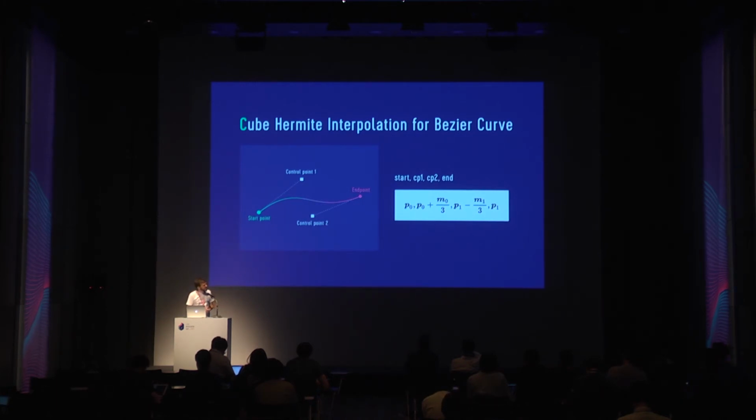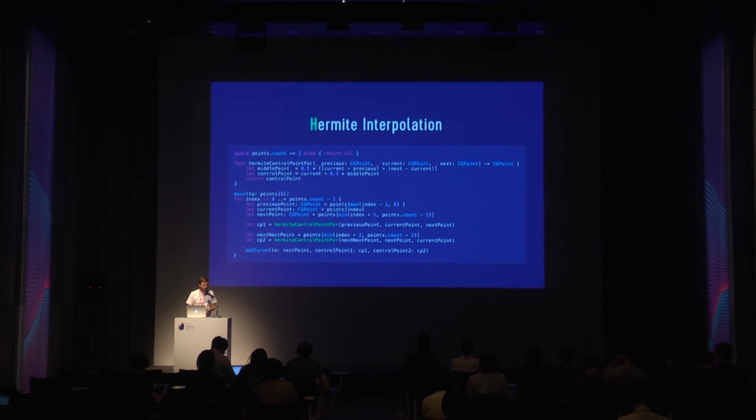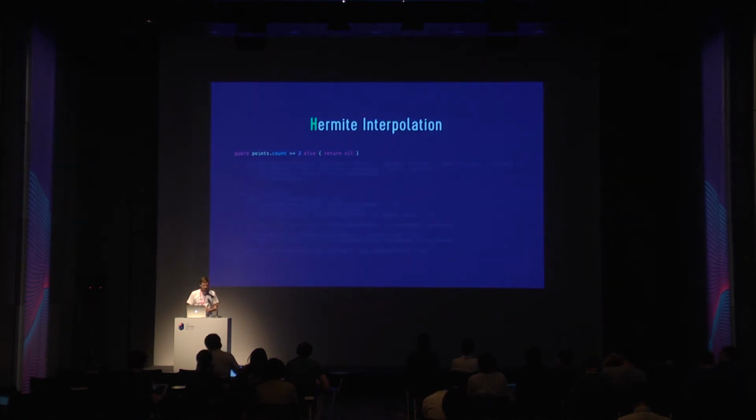But what are M0 and M1? Well, let me show you this in the following algorithm. This is actually an extension of the UI Bezier path. And of course, we need to make sure our set of points has at least two members, otherwise it doesn't make much sense. This is the heart of the algorithm.